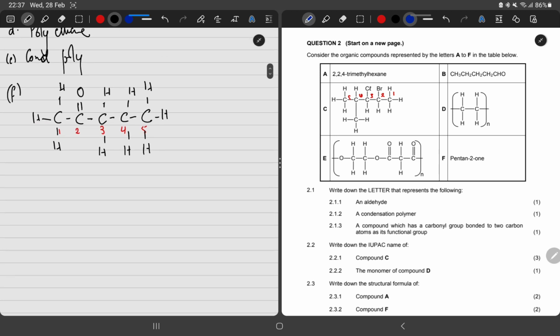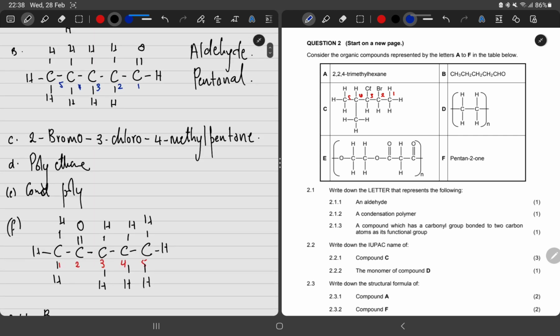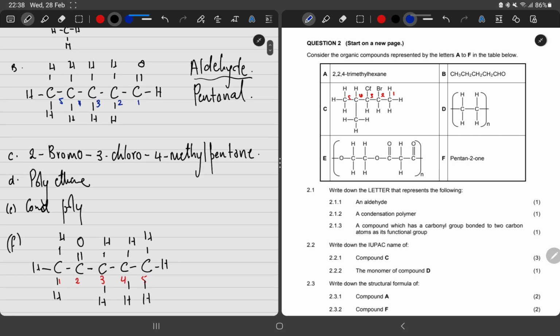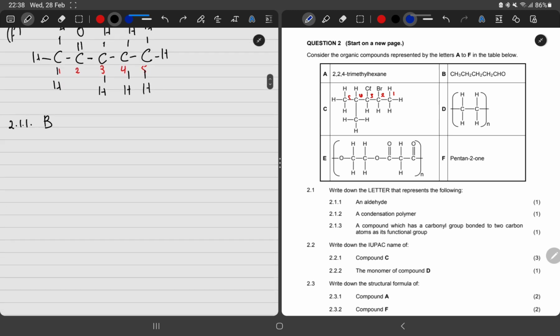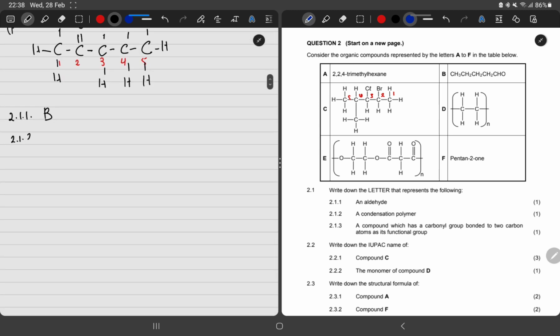Now we can tackle the questions. 2.1.1. Write down the letter that represents an aldehyde. That is going to be B. 2.1.2. A condensation polymer.